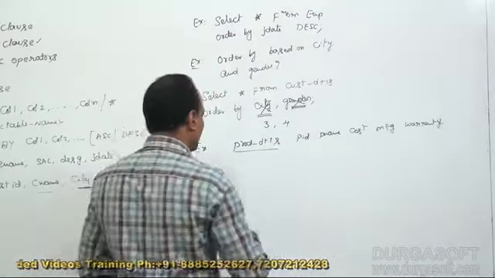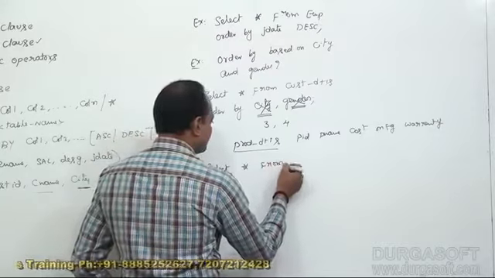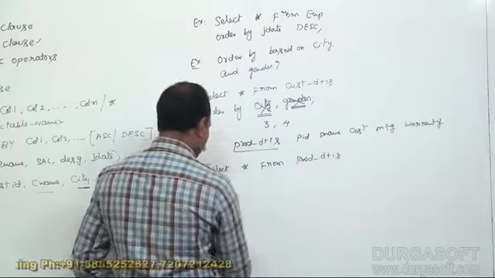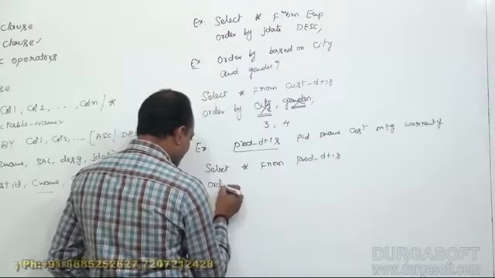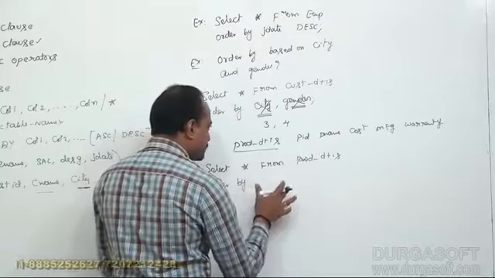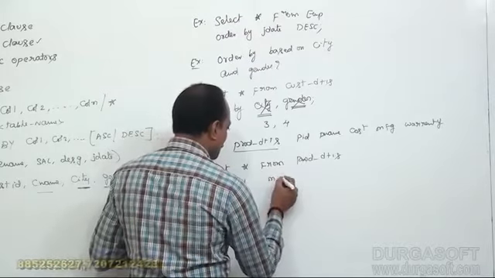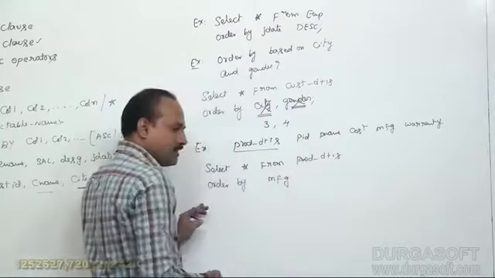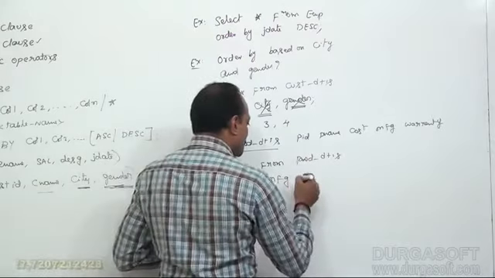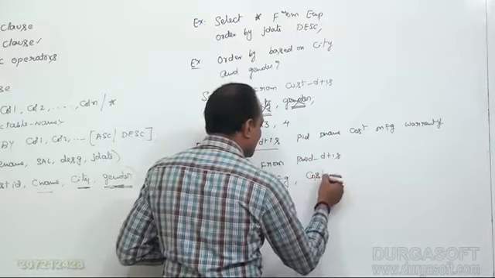Okay, how should I see? Select star from product details order by. First I want to see the products information based on manufacturing date. If a group of products manufactured on the same date, then order them according to their cost.